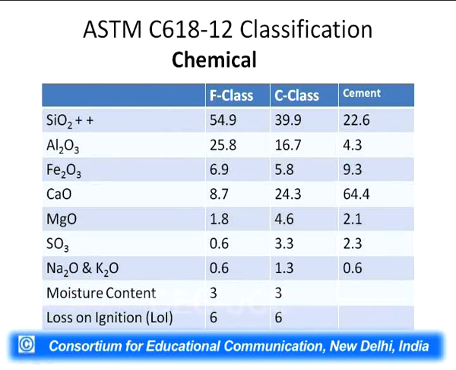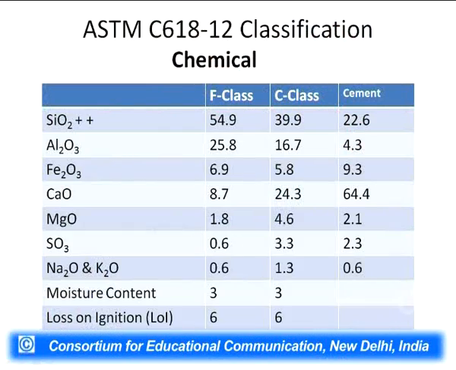In case of cement, the lime content is over 60%, while in case of class C fly ash it is around 25%, but in case of class F fly ash it is less than 10%.